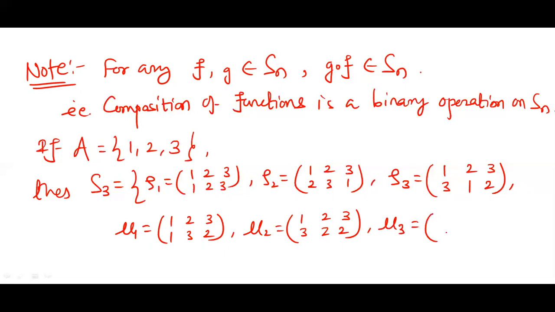Mu3 is a permutation in which 3 maps to 3, 1 maps to 2, and 2 maps to 1. Okay.